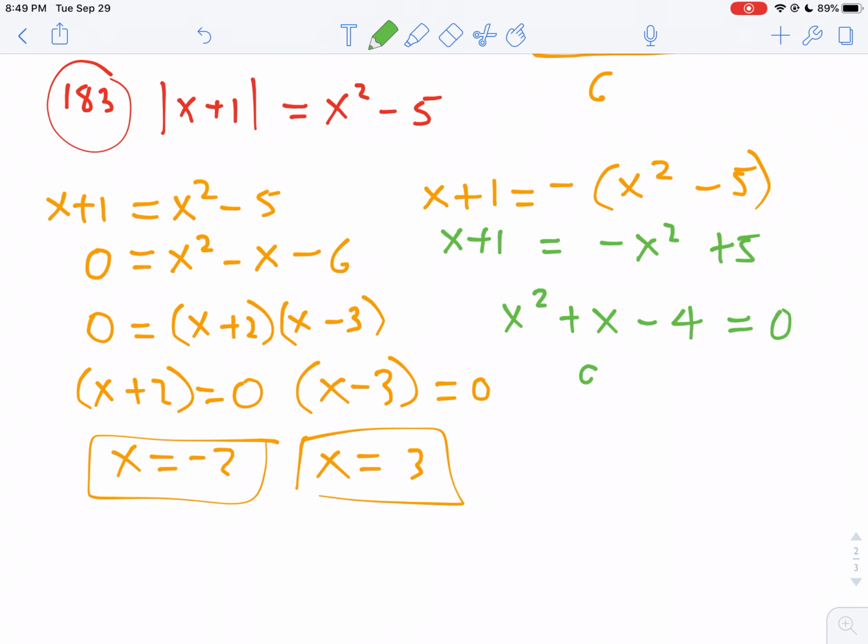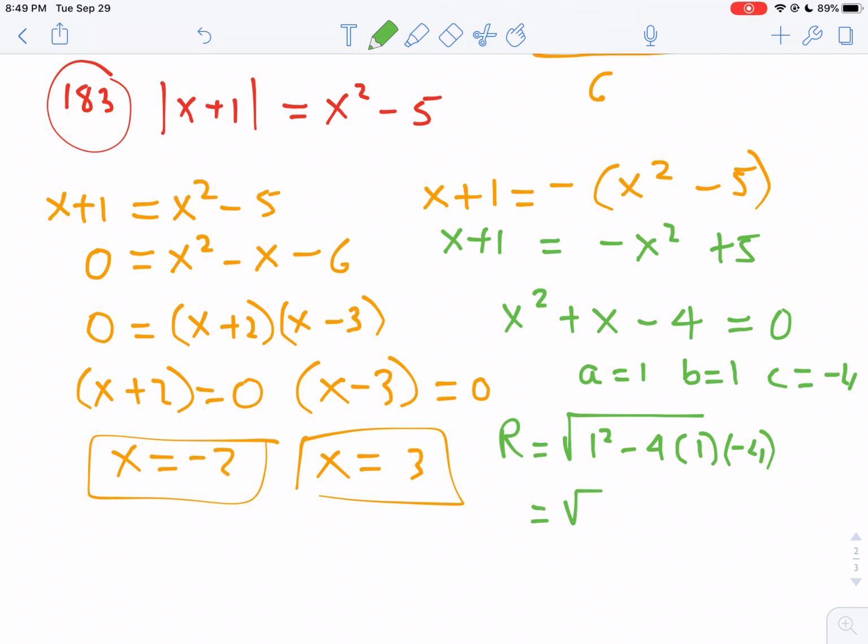Okay, so my A is 1, my B is 1, and my C is negative 4. I'm going to find my radical term. That's b squared minus 4 times a times c.